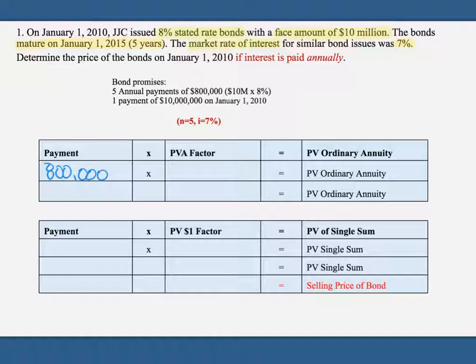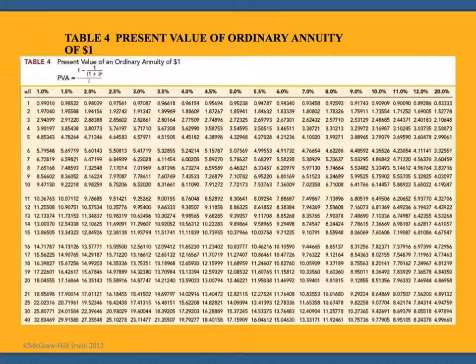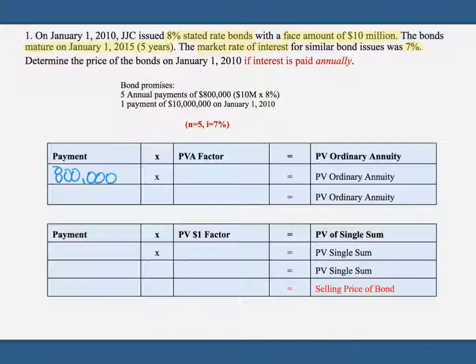So let's look at our table and see what the factor is at 5 for our period and 7% for our interest. So when 5 is our number of periods and 7% is our interest, we go down the line here and we find that our factor is 4.10020. So we'll plug that in on our table.